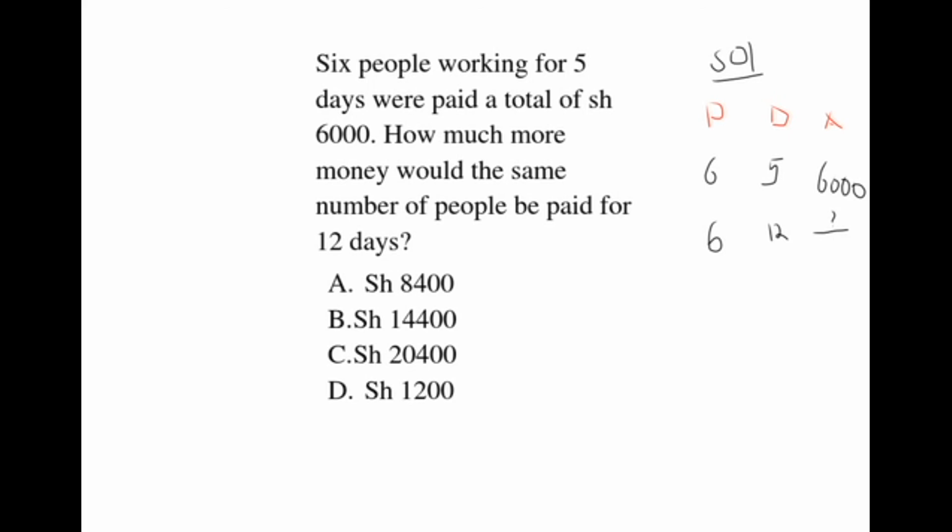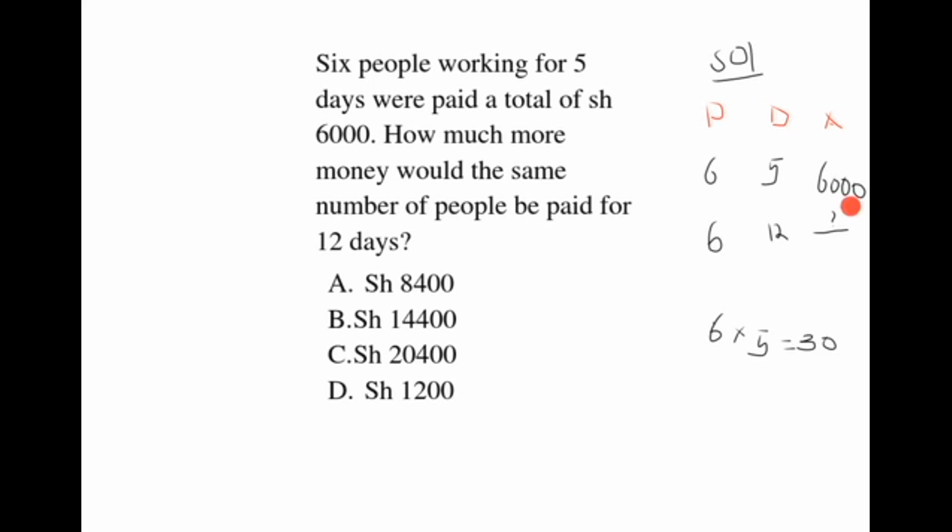Let us get how much these people are paid here per day. 6 people working for 5 days and then they earn 6,000 shillings. How much does one person earn per day? Therefore, we take 6 times 5. We get 30.